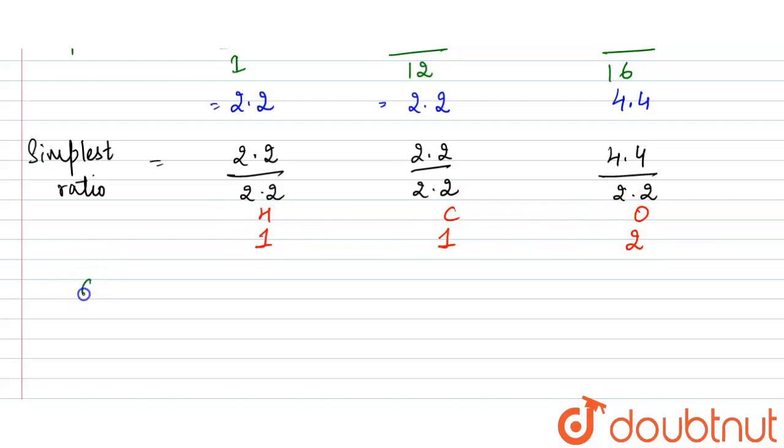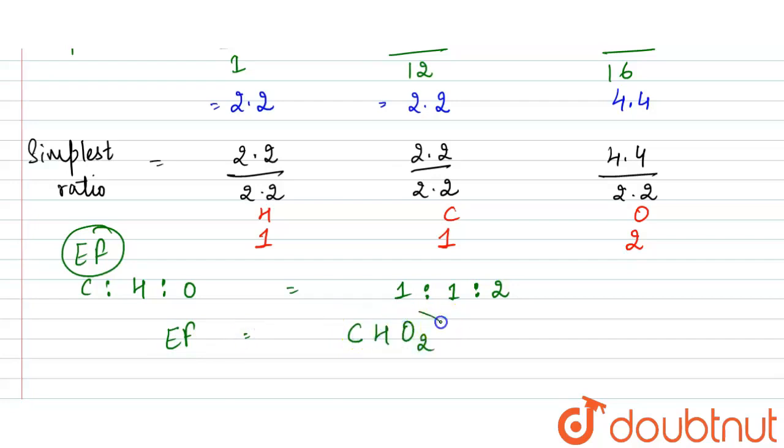So we can write the empirical formula with the ratio 1:1:2. So the empirical formula is CHO2. Now we can calculate the empirical formula mass.